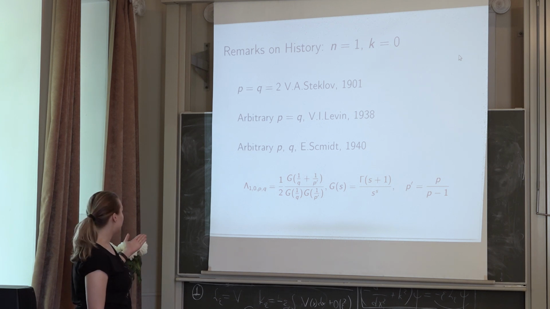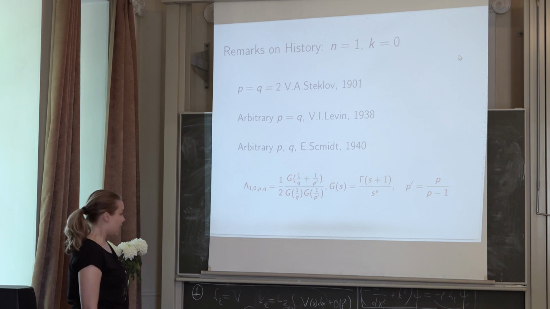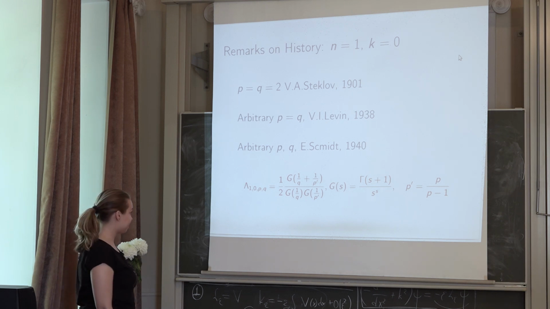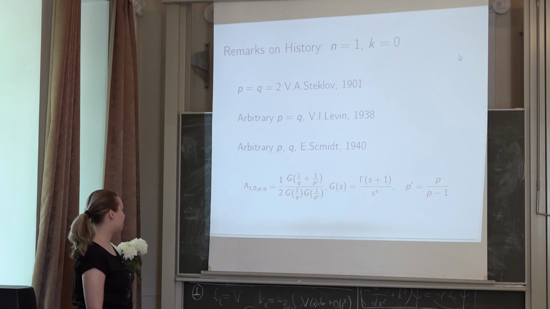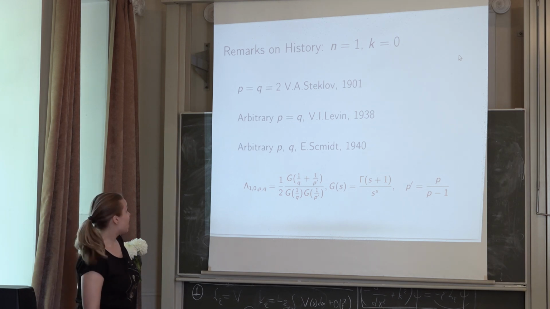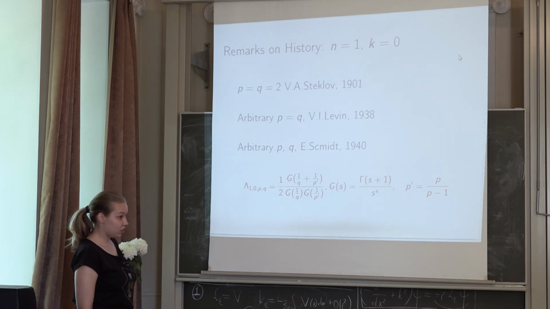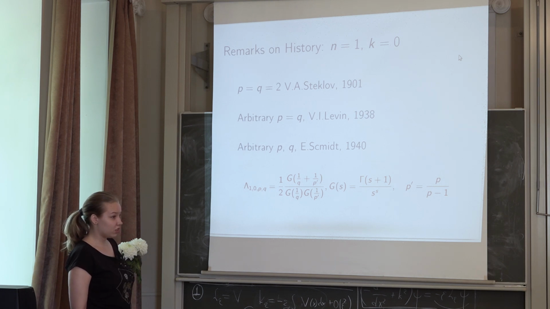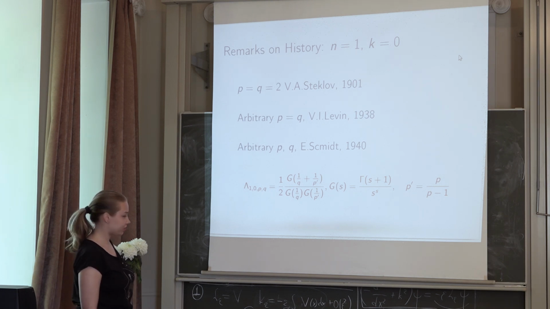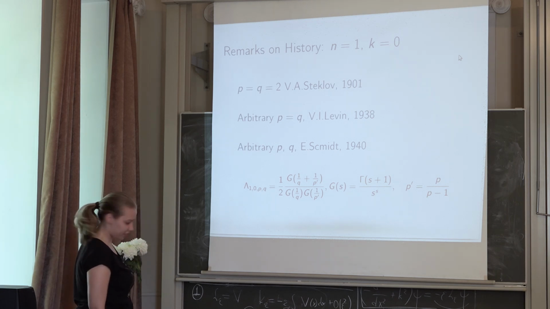As you can see, this is the formula which he obtained. Here p prime is p divided by p minus 1. But it was not the best constant, just a constant, and only for the case where n and k are fixed.